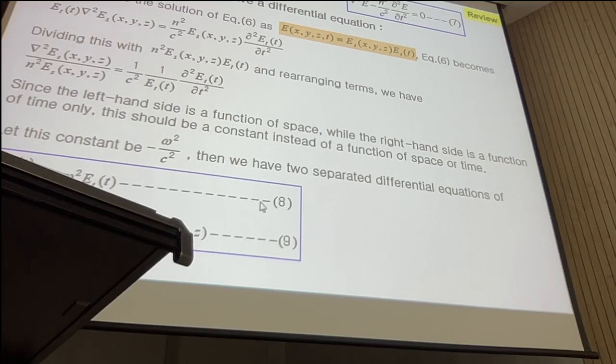So these are equation 8 and, over here, equation 9. In equation 9, n is not a constant; n is a function with respect to position. But in equation 8 the coefficient is a constant, so equation 8 has a simple harmonic solution.